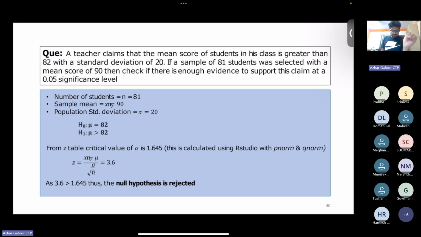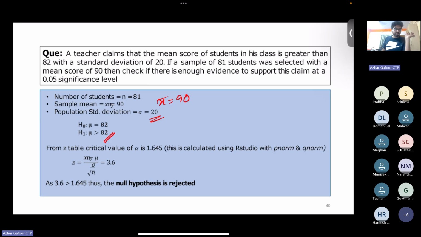We have 81 students, that is n is equal to 81. The sample mean is given as x bar equal to 90. The population standard deviation is given as 20. Our hypothesis is that the teacher claims the mean score is greater than 82.